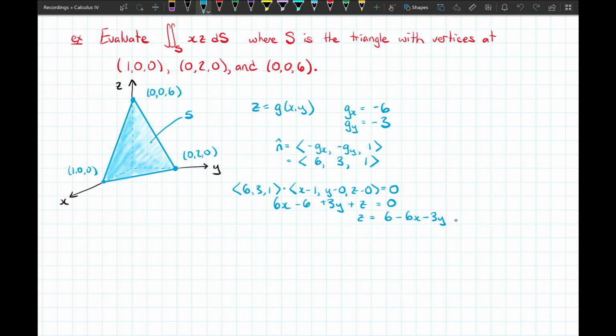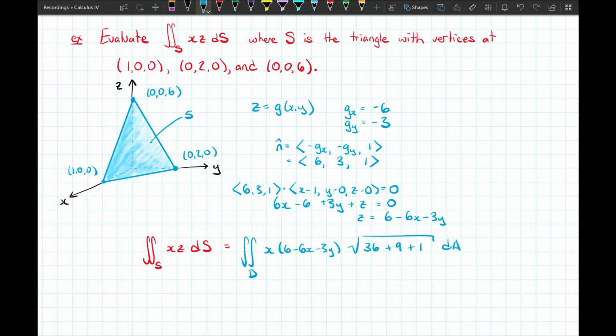With that function, z equals g of xy, we can now write xz as x times this 6 minus 6x minus 3y. We also have the partial derivatives of g with respect to x and g with respect to y, so we can replace dS with the square root of g_x squared plus g_y squared plus 1, dA.